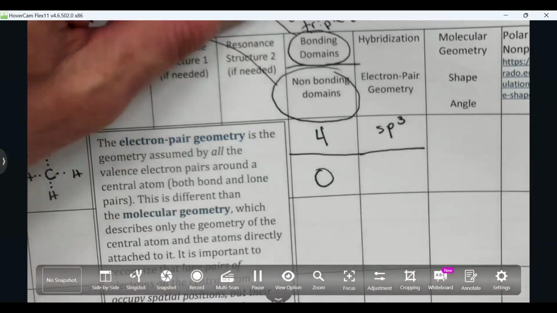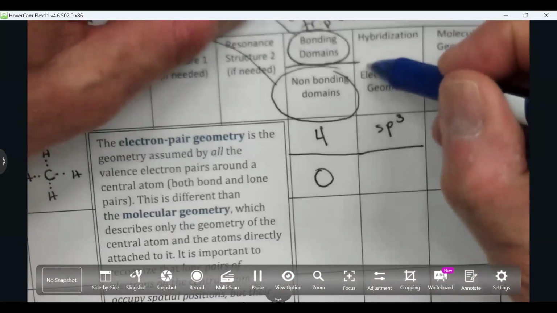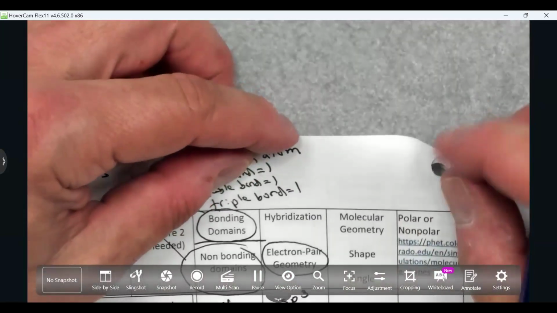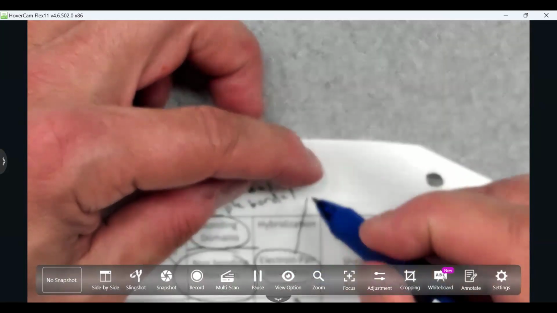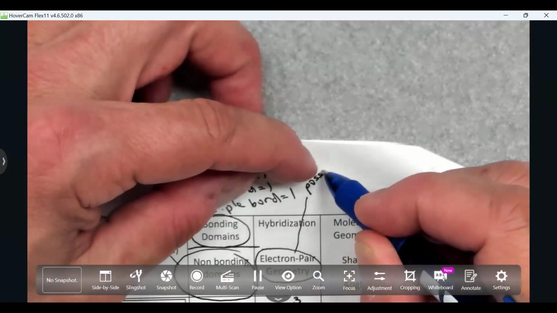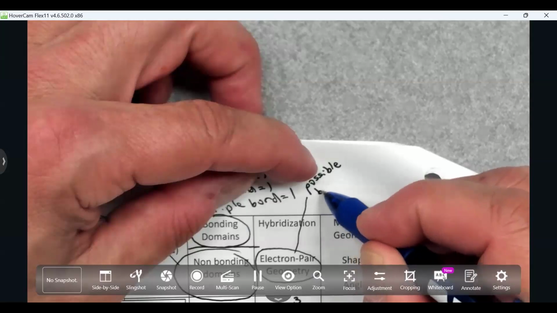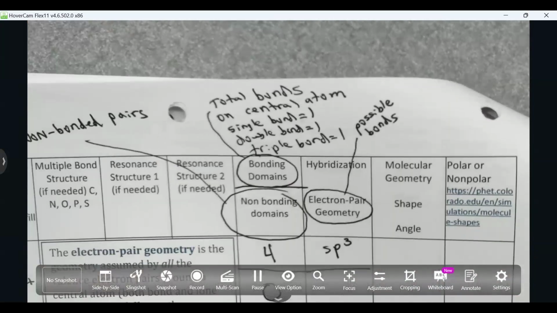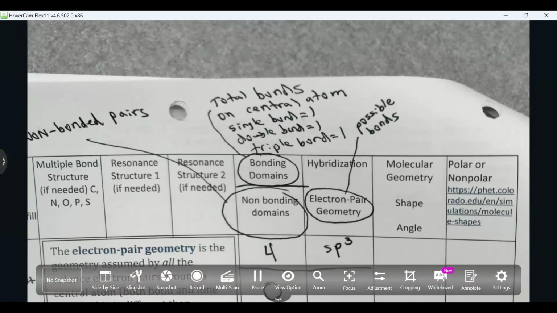Now, my electron pair geometry is possible bonds. So my electron pair geometry considers possible bonds. By that, this is what I mean.